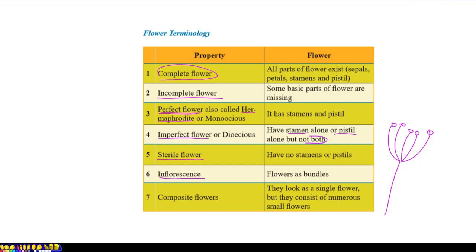In composite flowers, they look like a single flower, but they consist of numbers of flowers, like in daisy or sunflower. You may know sunflower. There are thousands of seeds, but we have to know each of these seeds comes from one flower. So there are hundreds or thousands of flowers, but it looks like only one.